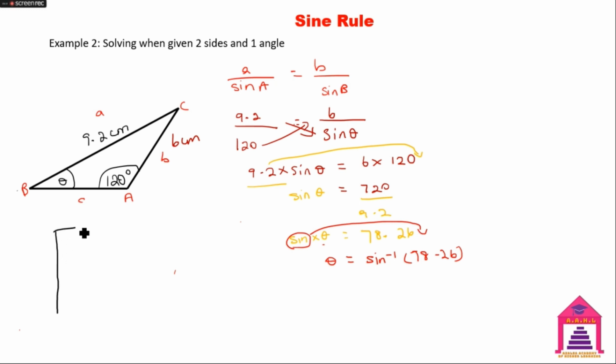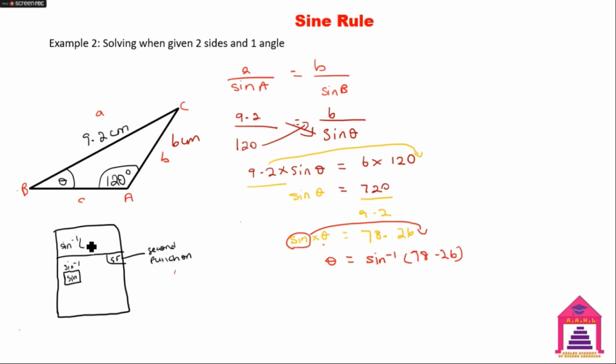My computer decided to give trouble. So somewhere here, you're supposed to have sine minus 1. You want to hit the second function. So you press second function, then you press sine.